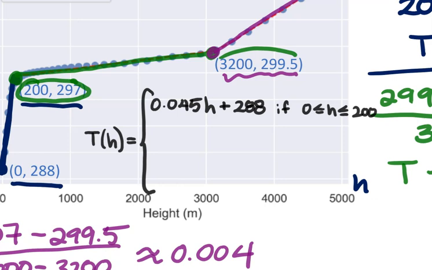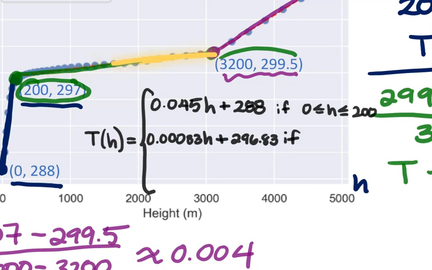All right, piece number 2 was our 0.00083h plus 296.83. And that piece is valid for heights between 200 and 3,200. 200 less than h less than or equal to 3,200.